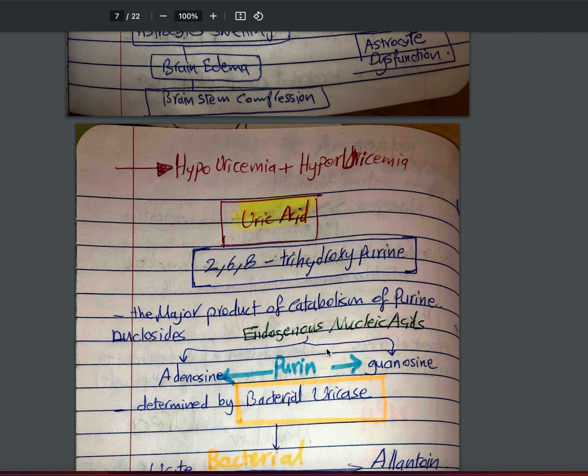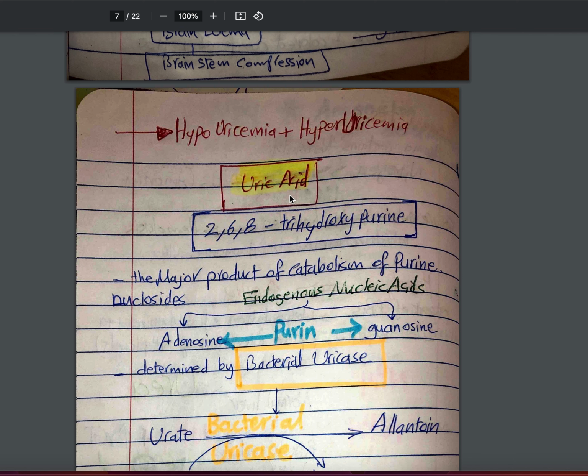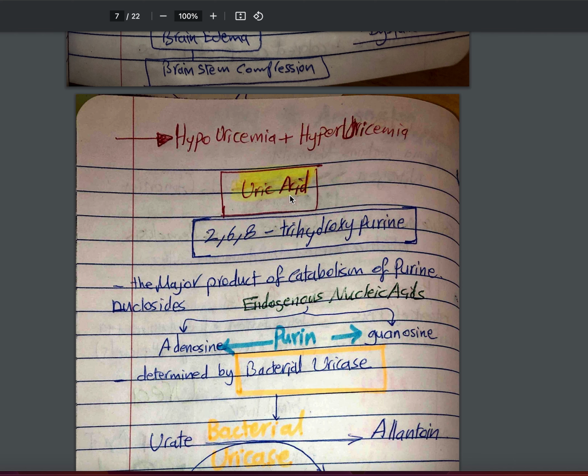Hyperuricemia. The other thing is uric acid. We have to be careful about the urea and the uric acid, because the urea comes from protein.